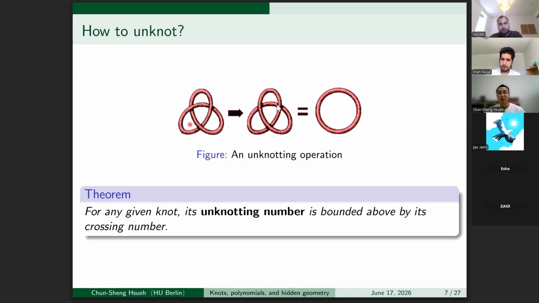And in general, when you have a diagram, just imagine you follow along the knot diagram. Let's say in this picture we have three crossings. If you start walking along the knot, you're going to pass by the three crossings. Each crossing you're going to visit twice because there are two strands meeting at a crossing.